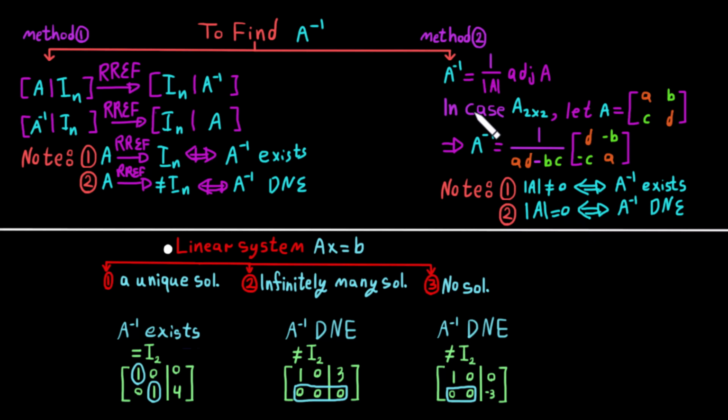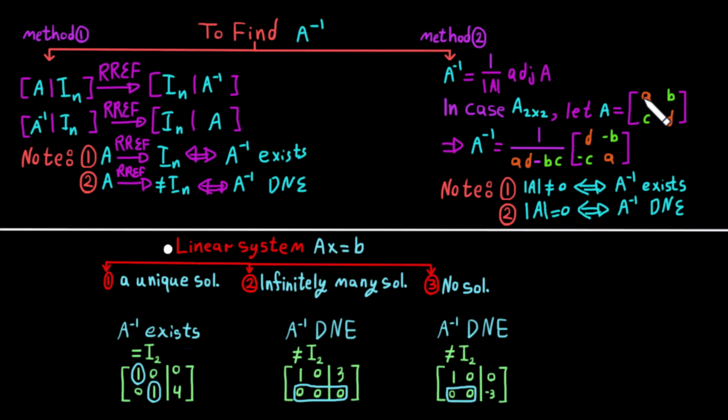In case, like in our question, if you have a 2 by 2 matrix, then we have a simple formula to find it, which is exactly the same as here. So here, the determinant of A, so let A equal to this one.